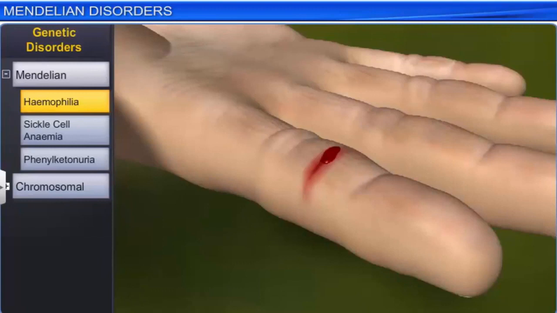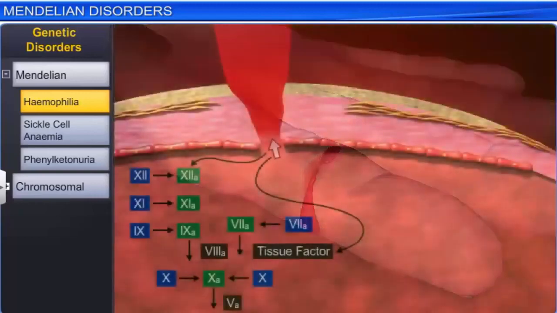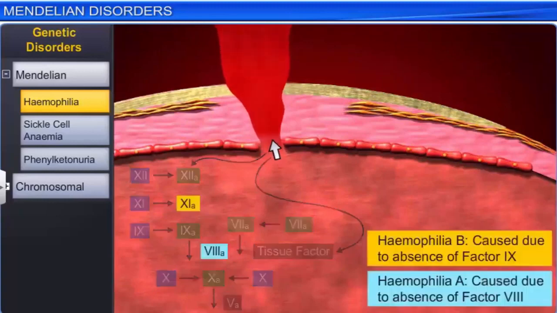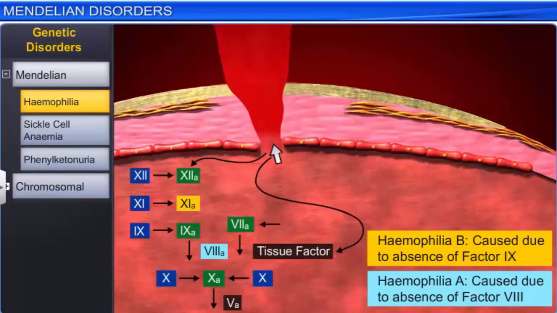Hemophilia is a genetic disorder that impairs the body's ability to coagulate or clot blood when a blood vessel breaks. This disorder occurs when a single factor from the several factors involved in the process of coagulation is affected.